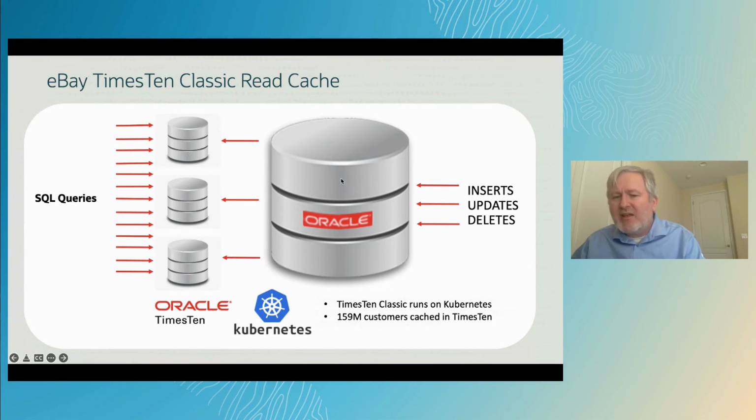So there's less connection, less CPU, and less I/O load on the Oracle database, which was a challenge when you have a lot of concurrent users all around the world. This has been running in production for quite a few years now, and today TimesTen runs in Docker containers managed by Kubernetes for eBay.